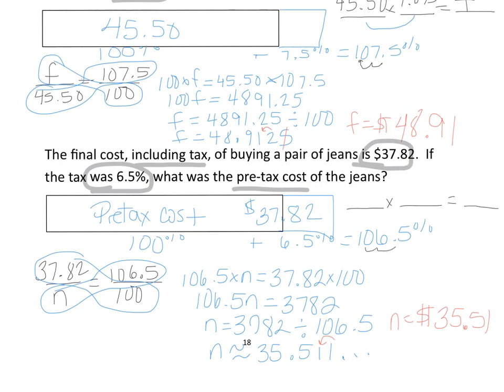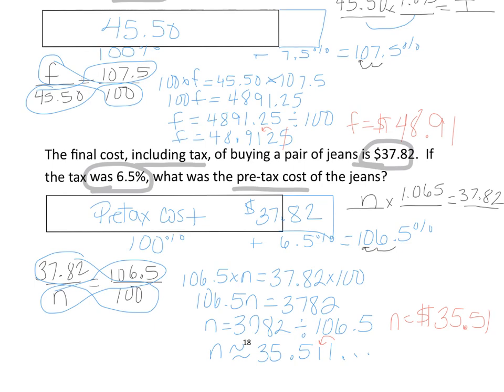1.065, we move the decimal 2 spots to the left and 106.5% turns into 1.065. And the 37.82 is going to be our part because that's what the cost was with the tax included. And we're looking for the pre-tax cost or the wholesale price.